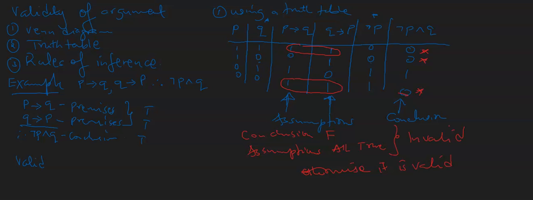So we conclude that this argument is invalid. In the next video, we shall see how we use the rules of inference to determine whether an argument is valid or not.